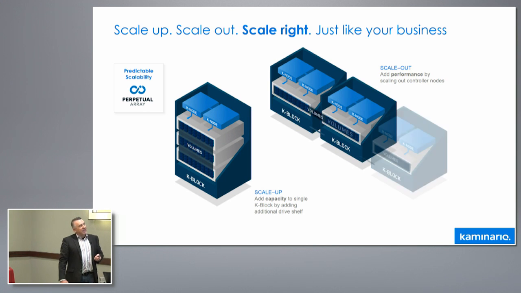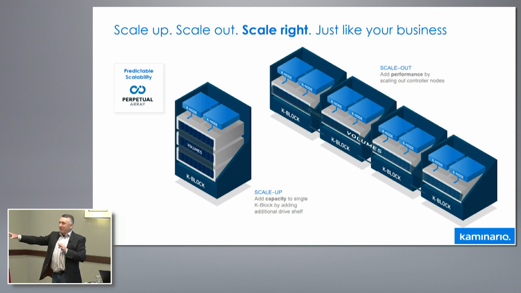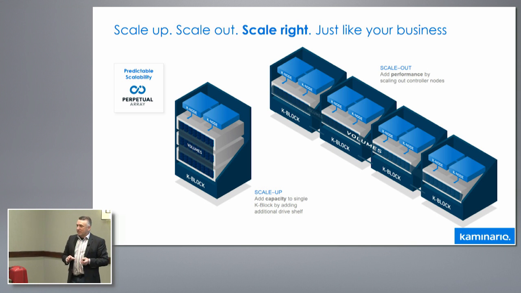As you continue to scale, you can scale out to 4 K blocks. From a performance standpoint, that's going to give you over 1 million IOPS, over 13 gig of bandwidth. Again, depending on if you're in high throughput environments with large block or IOs on the small block side, it's the same system. It's going to do both of those very elegantly.